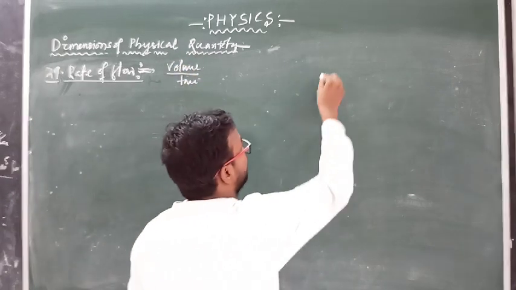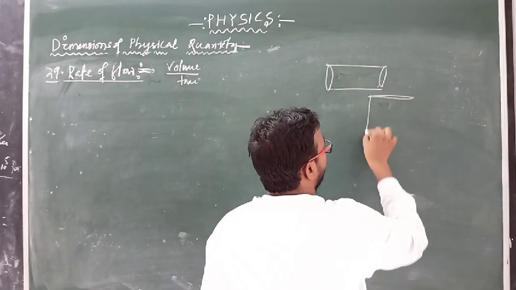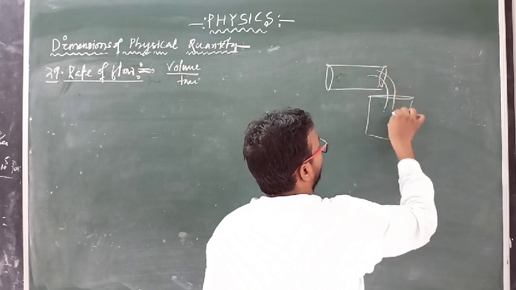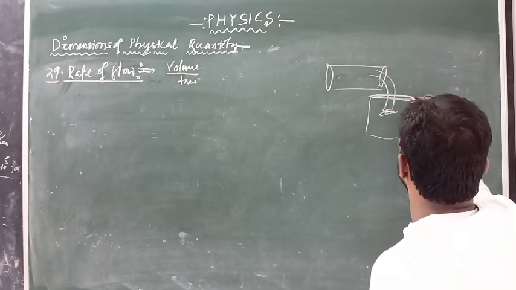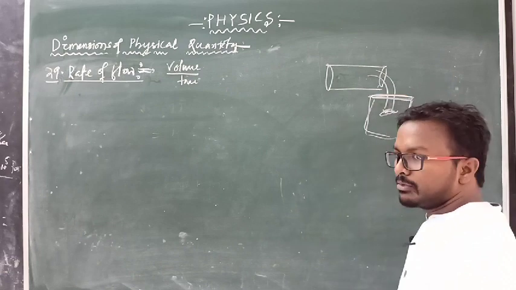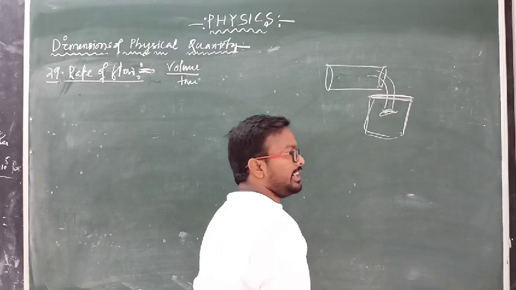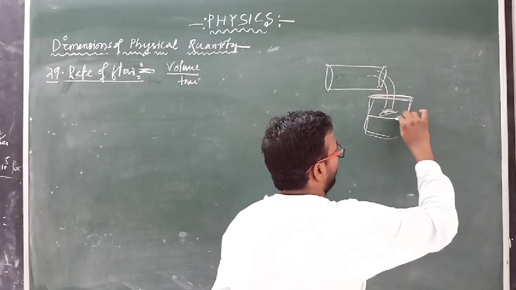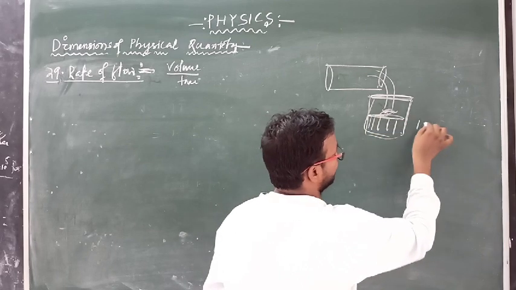So suppose there is a pipe and there is a bucket here, and water is flowing through the vessel, and we have to find the dimensional formula of rate of flow. How much liquid flows or how much liquid is contained inside the container in 1 second.